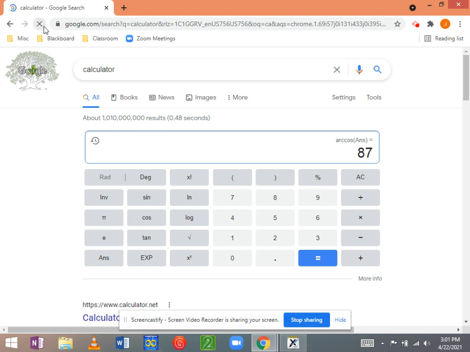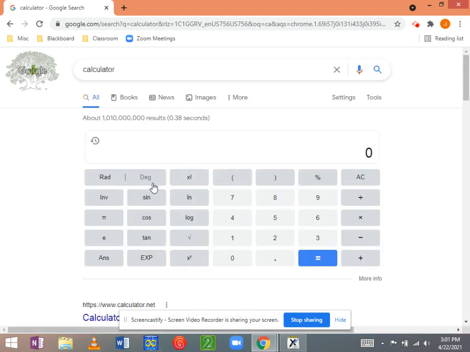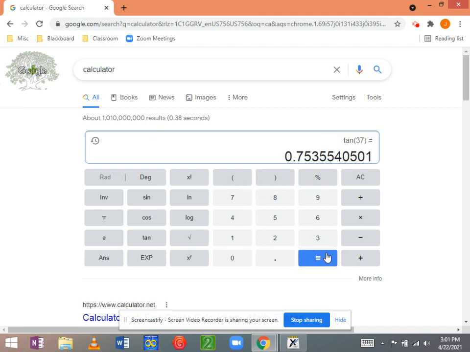Let's do that one more time for the tangent and see that it works also for the tangent. Again, when I refresh here, the calculator goes back to radians, so I have to change that to degrees. So if we take the tangent of 37 degrees, there's your decimal.